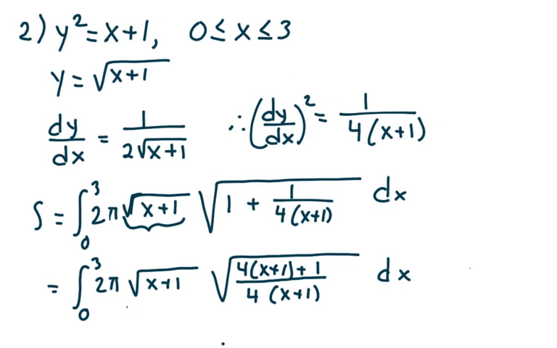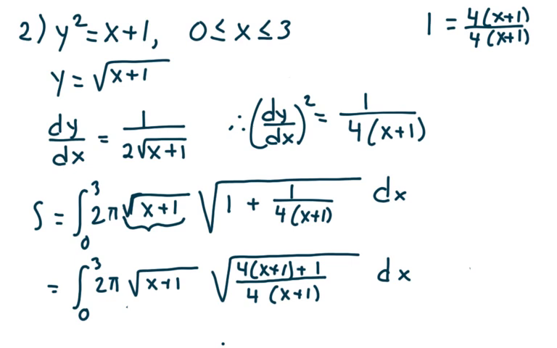I'm going to write this as the integral from 0 to 3 of 2 pi times the square root of x plus 1 times the square root of (4 times (x plus 1) plus 1) divided by 4 times (x plus 1). Remember that 1 can be written as 4 times (x plus 1) divided by 4 times (x plus 1), as long as x is not negative 1, of course.